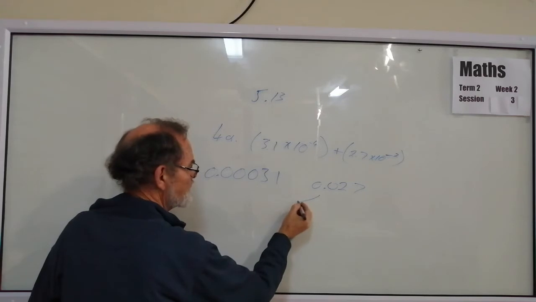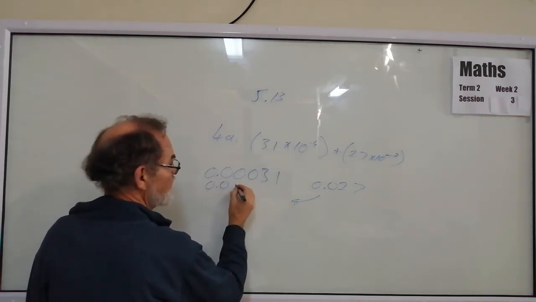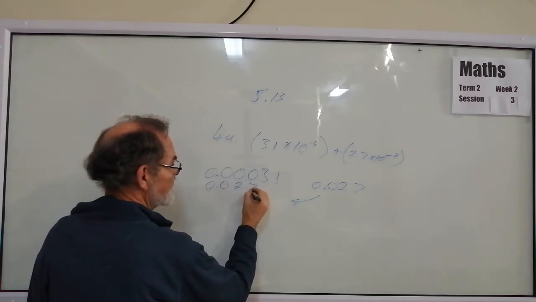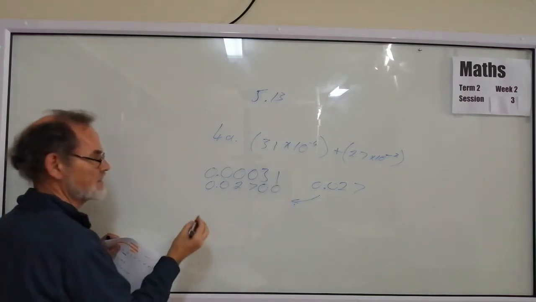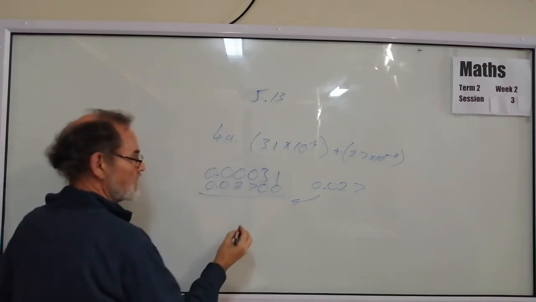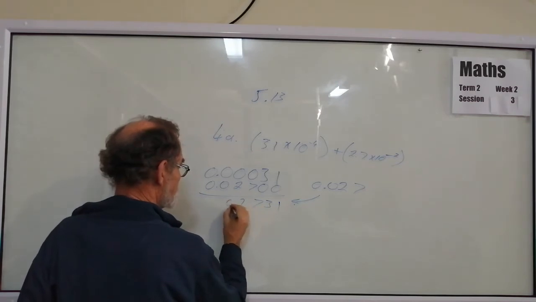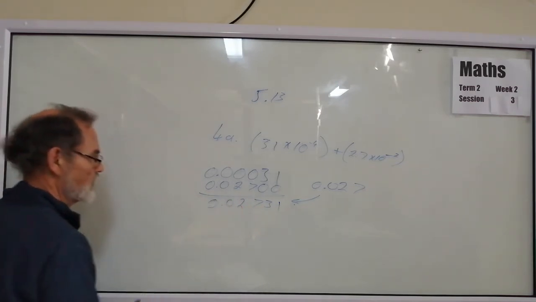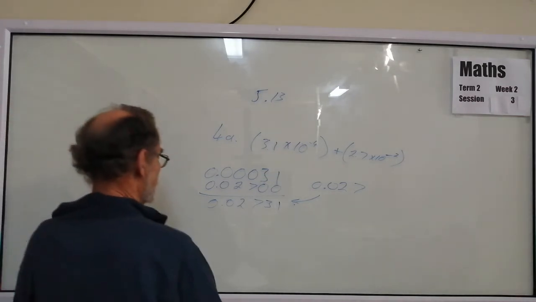So we'll just put this under here. So it's 0.027. These are just zeros here. So we add this 1, 3, 7, 2, 0.0. Very easy. And we change it back into scientific notation.